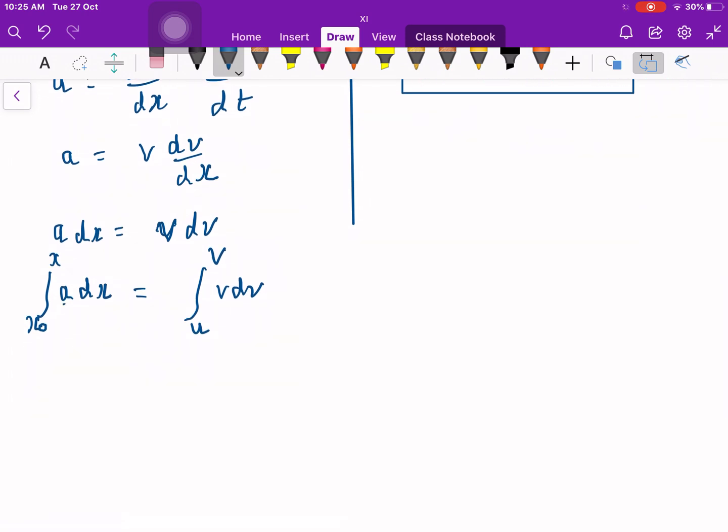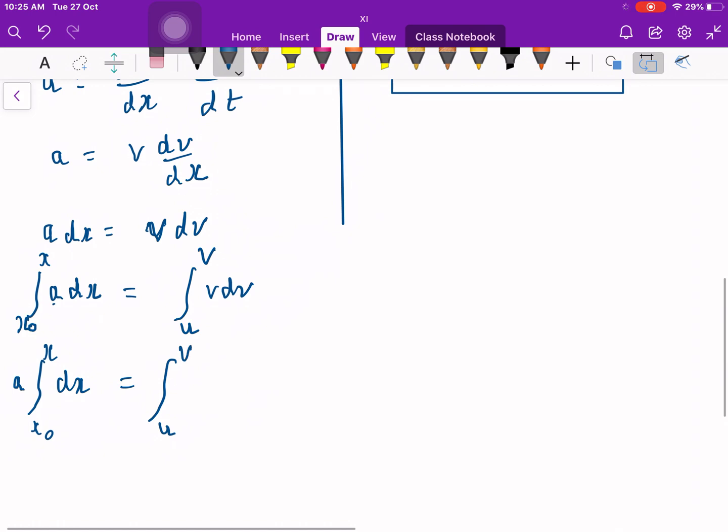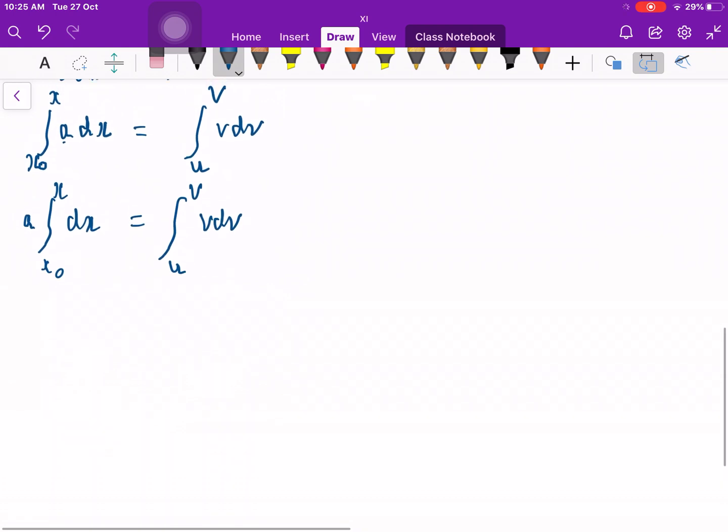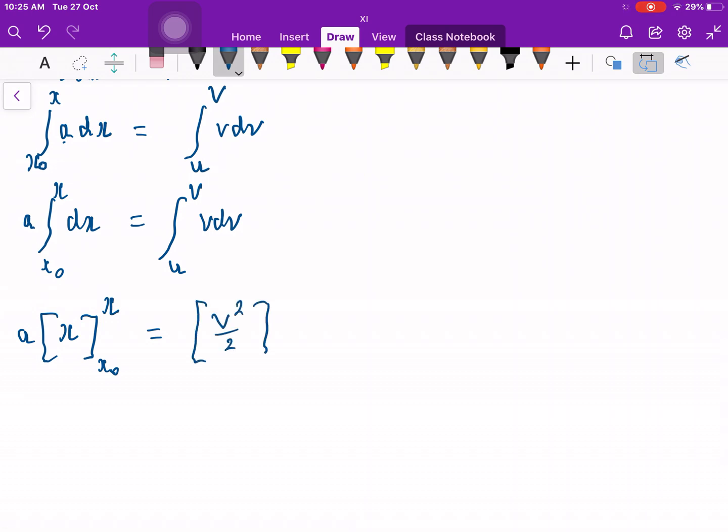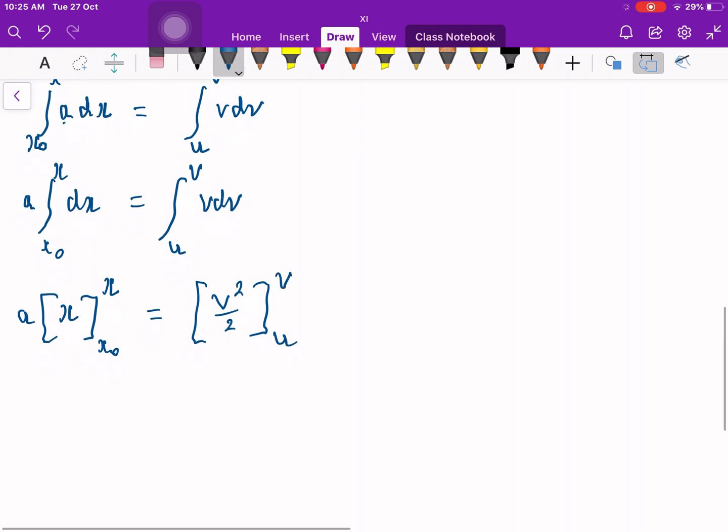Here a is the uniform acceleration, so it is constant, and the integration will be of only dx. At present I am going to write it as it is, the integral of v dv from u to v. Now the integration of dx is simply x, from 0 to x, and here v square by 2, with limits from u to v.